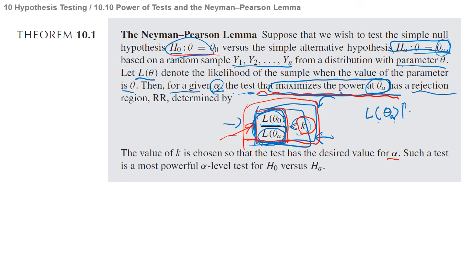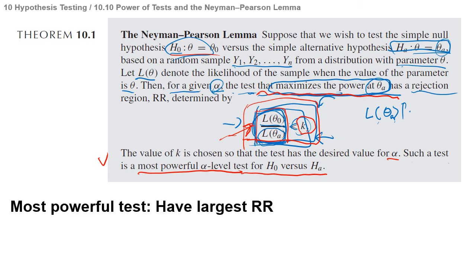We can calculate k, and such a test is a most powerful alpha level test for H0 versus HA. So this is a very fascinating result. If we derive our test this way, then our test is the most powerful test. The most powerful test implies that it will have the largest rejection region.